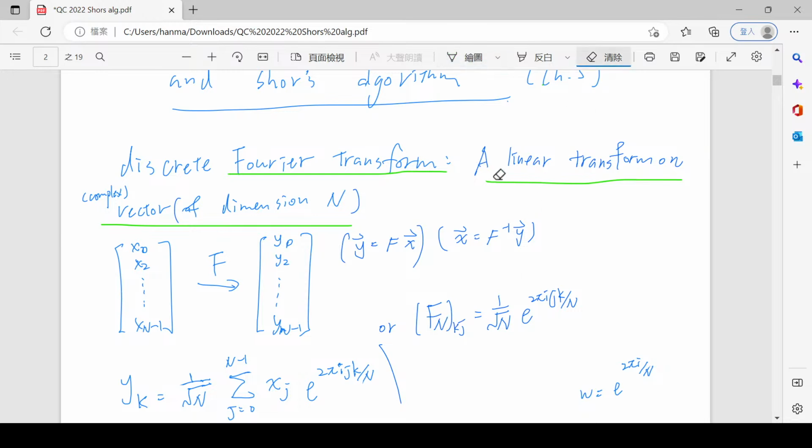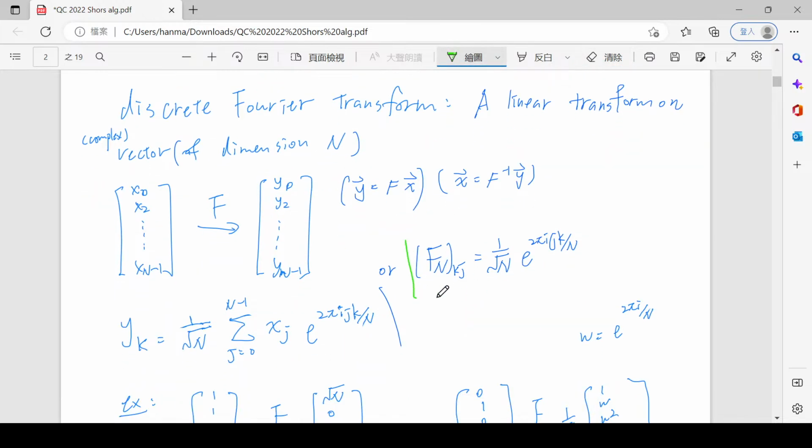So here is the matrix. You know what the Fourier transform is now. It's an n by n matrix where, because the entries are complex, we say the kj-th matrix element is 1 over square root n times e to the 2 pi i times j times k divided by n.